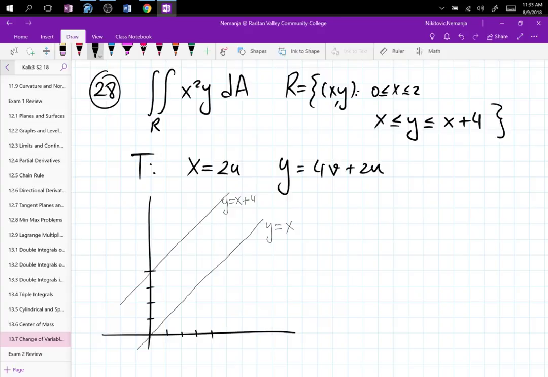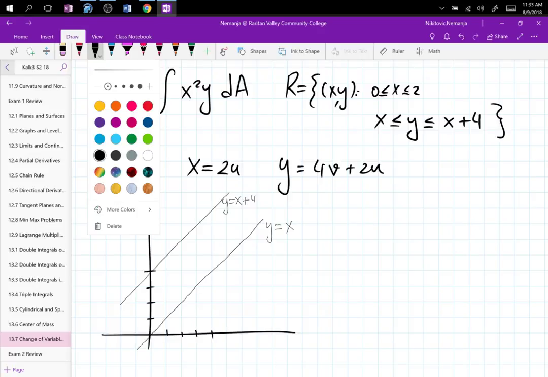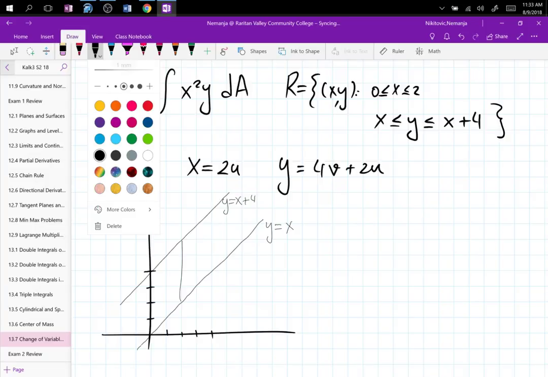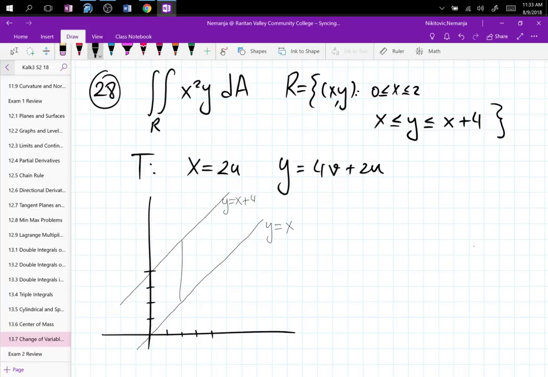Now they're very thin because they're infinite, right? I have to chop them off between 0 and 2. So if I chop this off at 0 and 2, x equals 0 is here, and x equals 2 is here. So this is how much I need from the original. Now this is our region R.